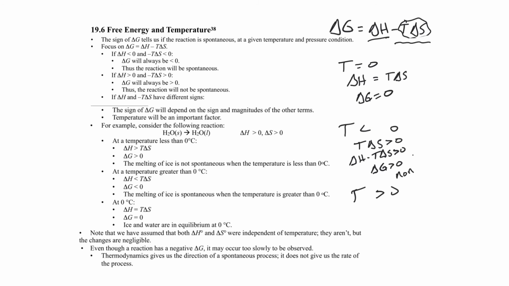In the case of T being greater than 0, then your delta H is going to be less than T delta S. So when you subtract T delta S, you end up with delta G less than 0, and this would be spontaneous.